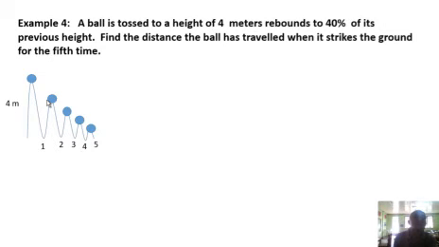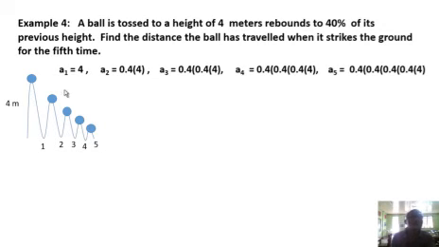So 0.4 times 4, it returns to the ground, rebounds again, and it reaches a height which is 40% of the previous height, so on and so forth, up to the 5th time it strikes the ground.